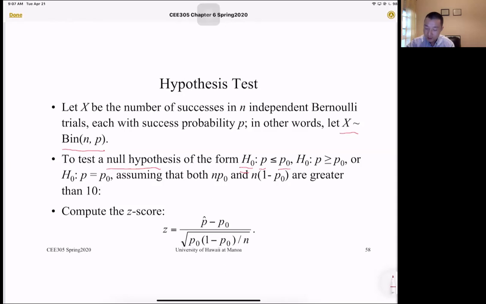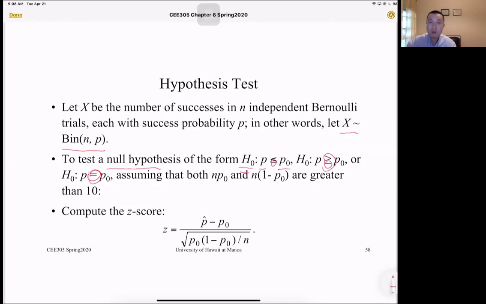Or H0 is P greater than or equal to P0, or P equal to P0. Again, how H0 is set up depends on how the question is asked. And pay attention, again, the equality always goes with H0. This is true for all different scenarios in chapter 6, hypothesis tests.